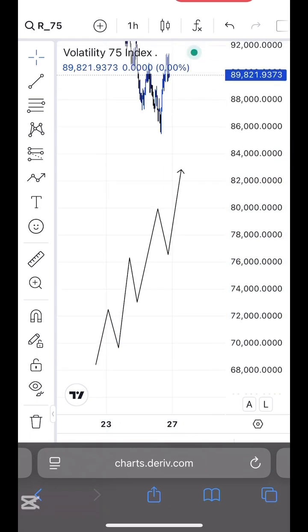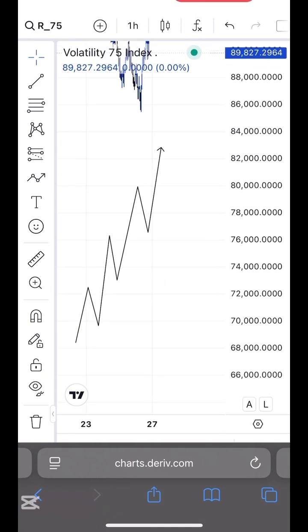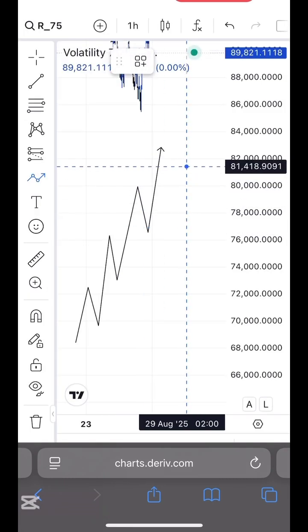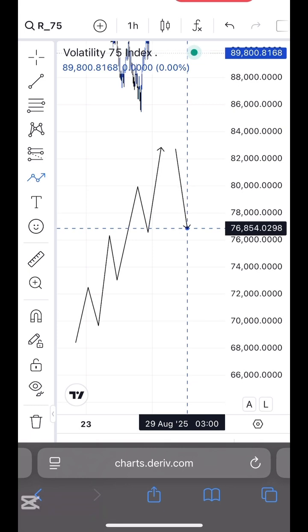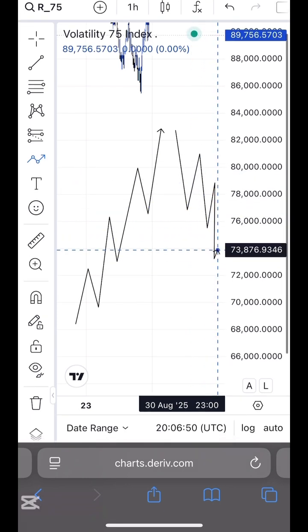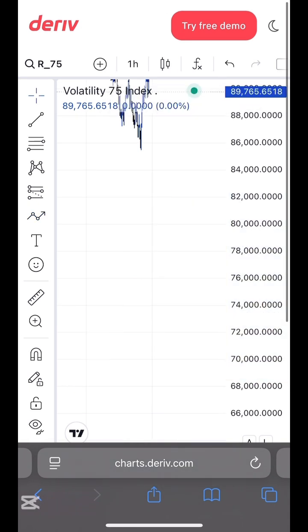Using the Fibonacci tool is basically knowing the trend of the market and spotting a valid breakout structure. When the market is making lower highs and lower lows, that is when you know your trend line.